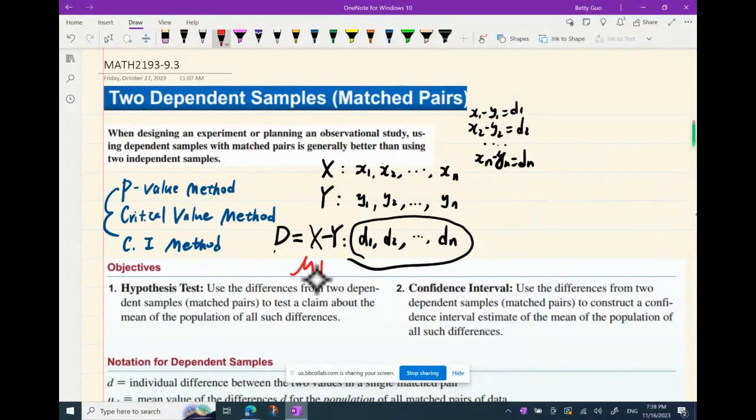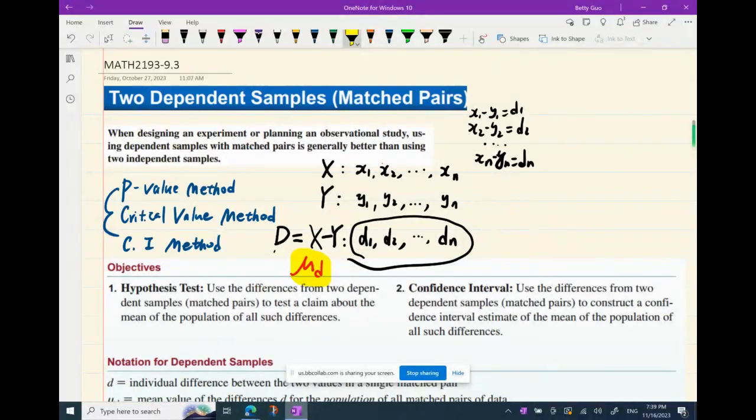So we use mu sub D to represent the population mean of D, the mean of the population D. Then today, in this section, we are going to use the hypothesis testing method and the confidence interval method to test a claim regarding mu sub D. So that's the purpose of today. That's what we're going to do today.